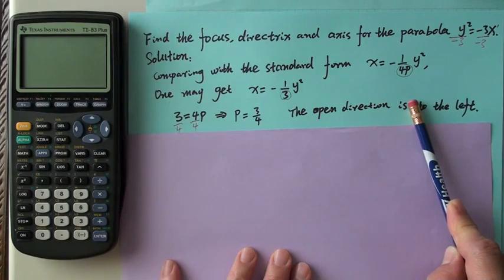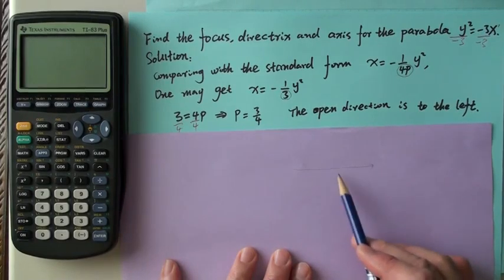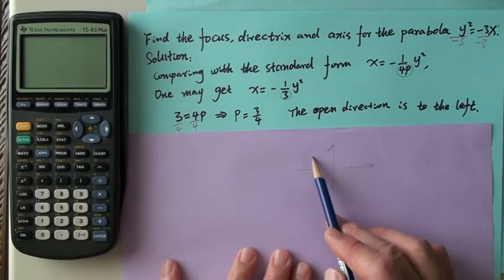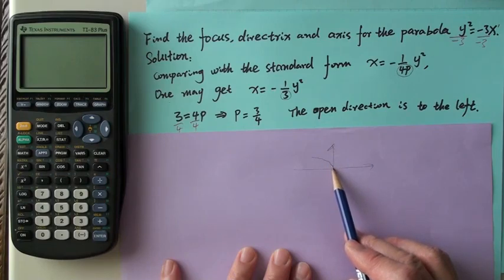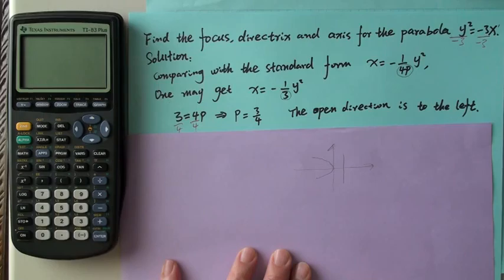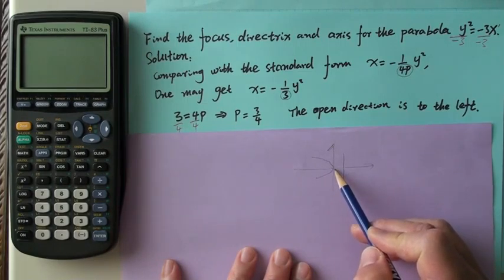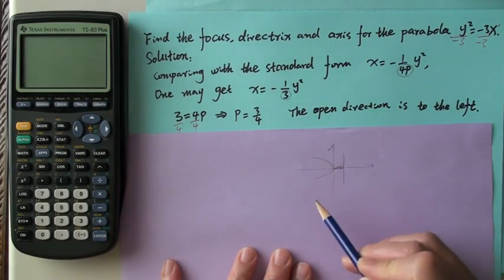All right. Now, then you roughly know what the picture probably looks like. Like that. And then here will be the directrix. Okay. So we know the distance here is p.